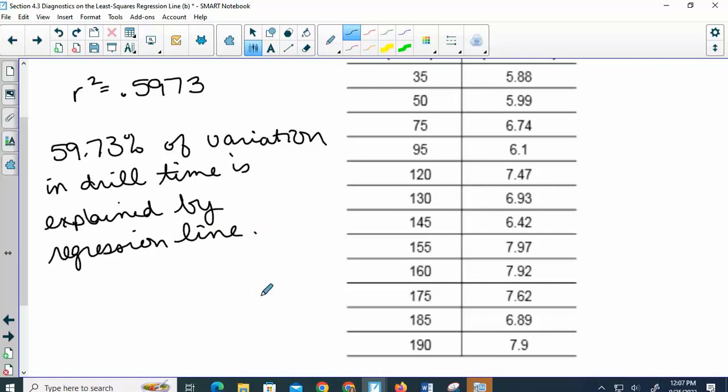That means over 40% of this variation is due to something else. So this was probably not a great linear model.